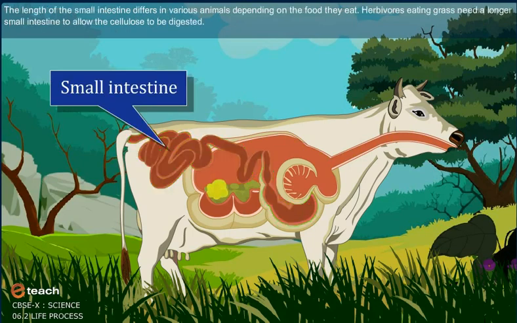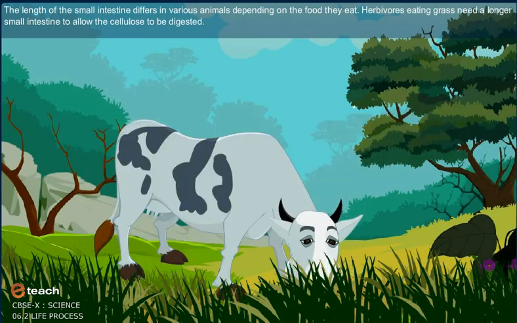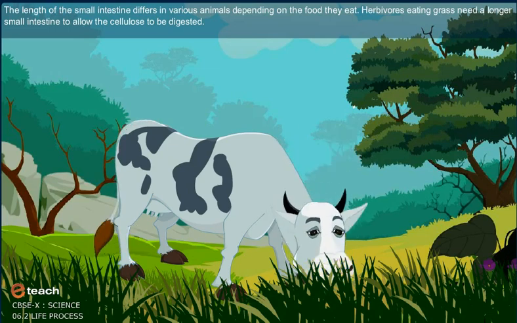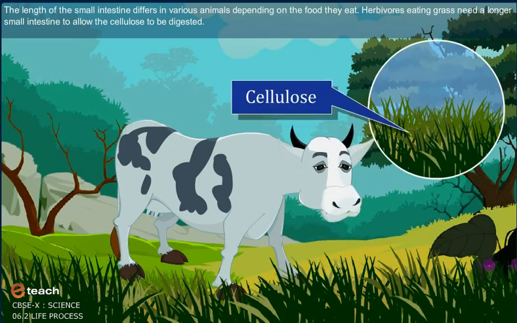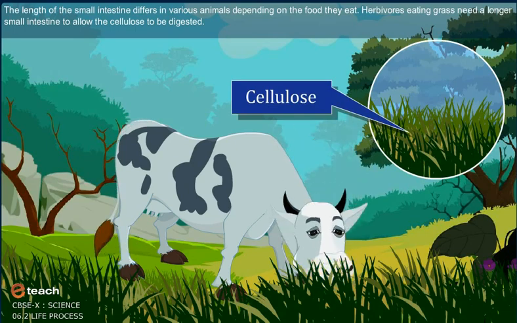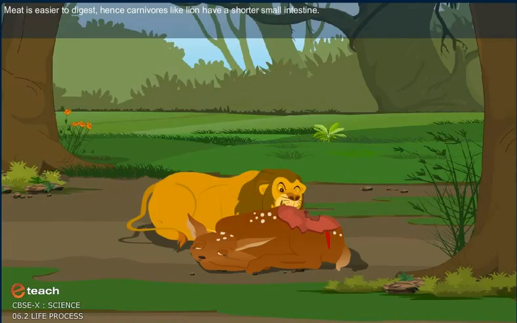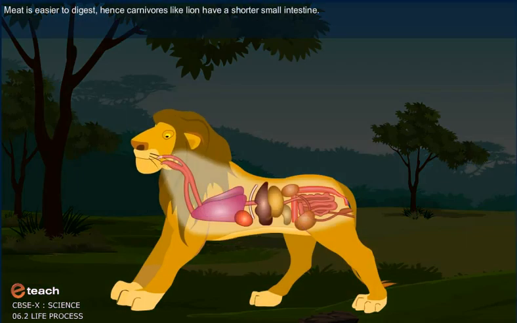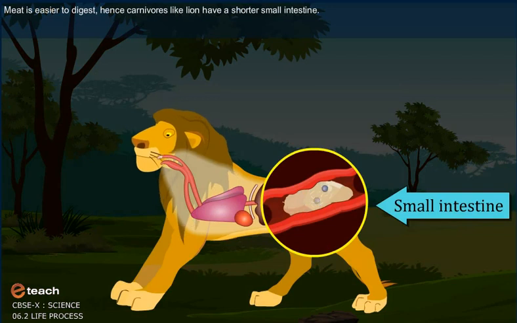The length of the small intestine differs in various animals depending on the food they eat. Herbivores eating grass need a longer small intestine to allow the cellulose to be digested. Meat is easier to digest. Hence, carnivores like lion have a shorter small intestine.